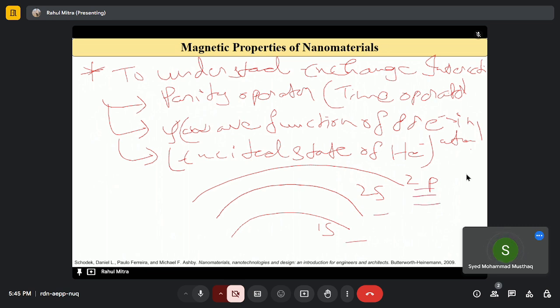So again, if one electron is here, my other electron can be here, or this is one state, this is another state, right? So that is all.